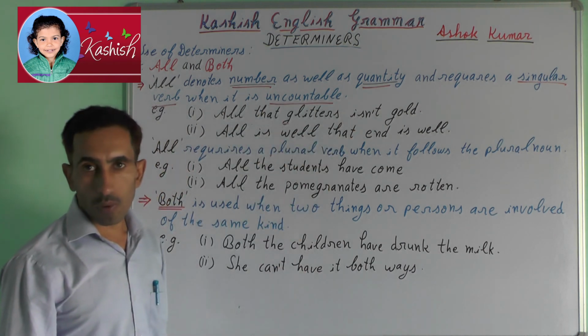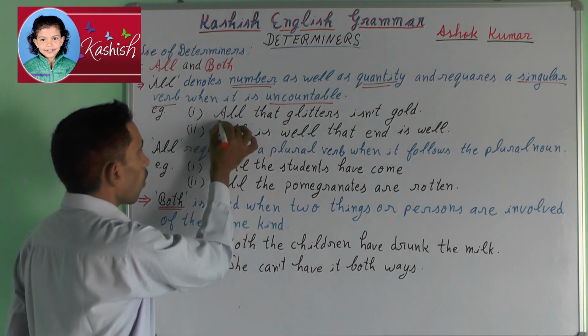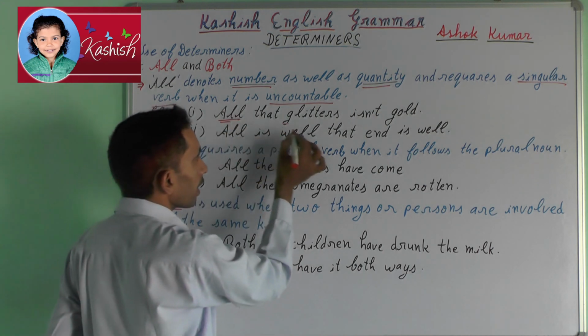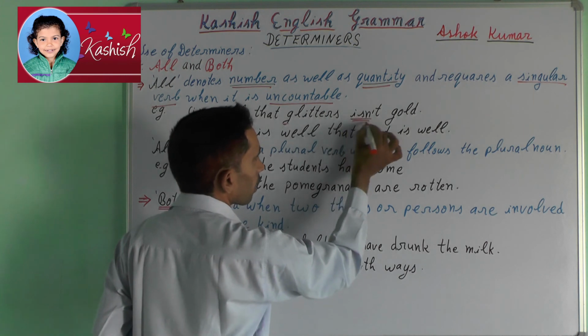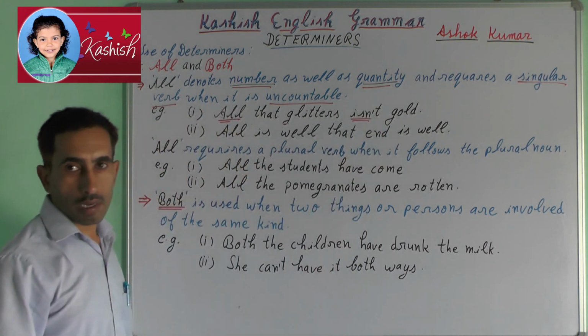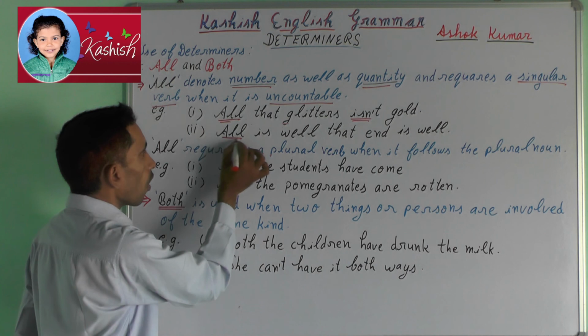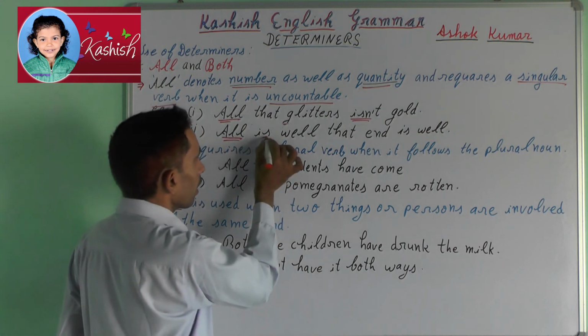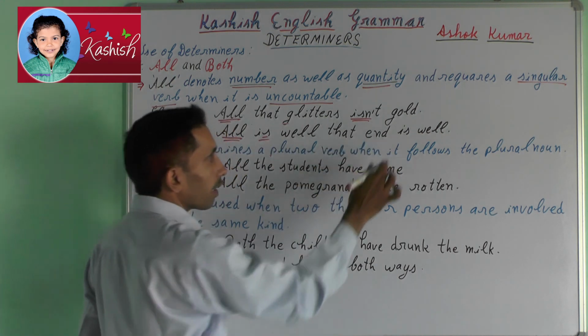countable. For example, all that glitters isn't gold. Next, all is well that ends well.